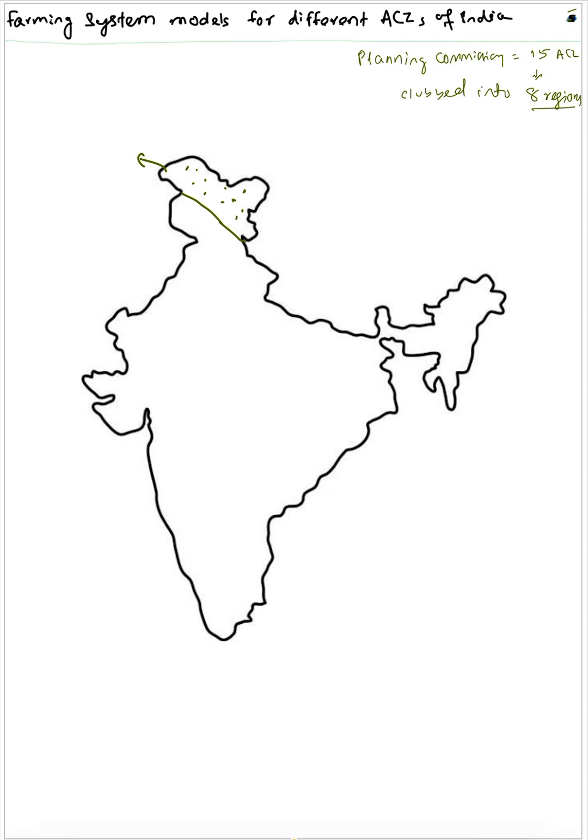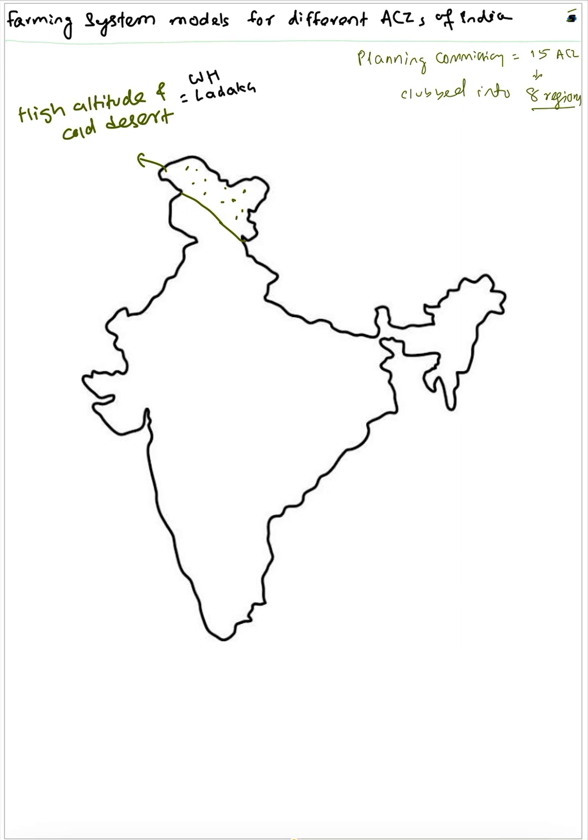The first one is high altitude and cold desert. This is called high altitude and cold desert, and mostly the western Himalayan region comes under it, simultaneously the major part is the Ladakh area.